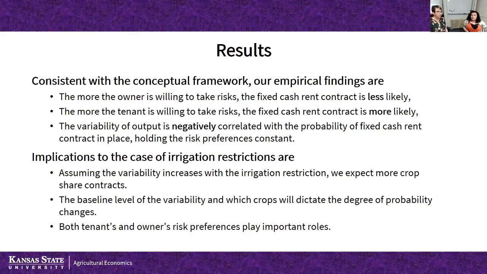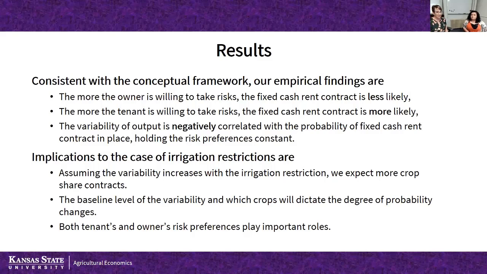One of the things I'll say about this research, if you go back to the beginning when I said that the percentage of fixed cash leases has actually declined since 2011, that's a change where it's hard for us in this particular research to say which is going to be more important: the increase in variability due to an irrigation restriction, or the change in preferences of landowners and tenants given change in price volatility or something like that.